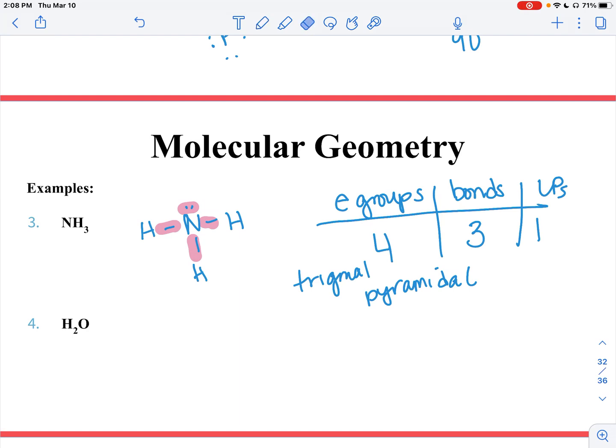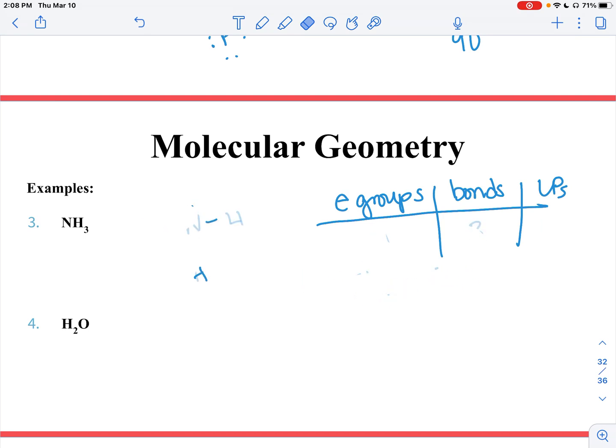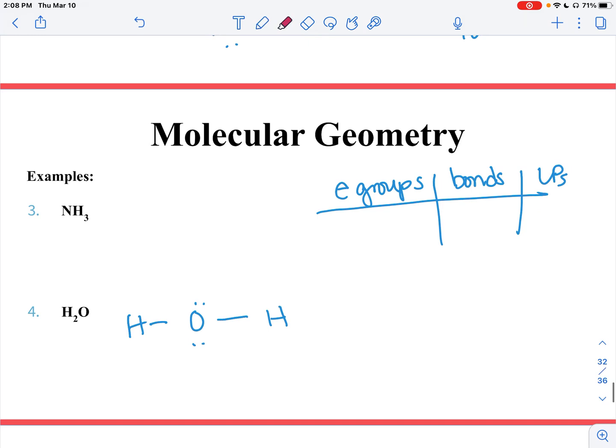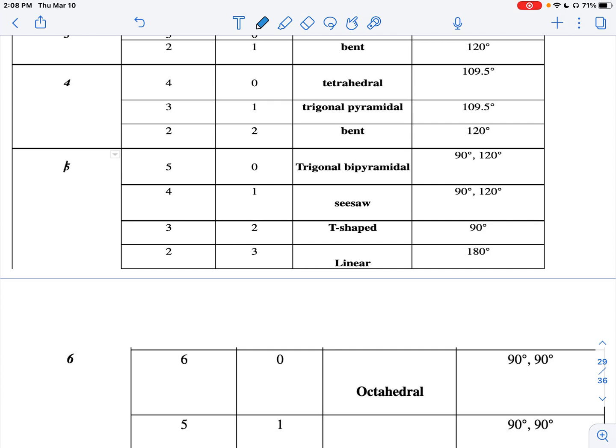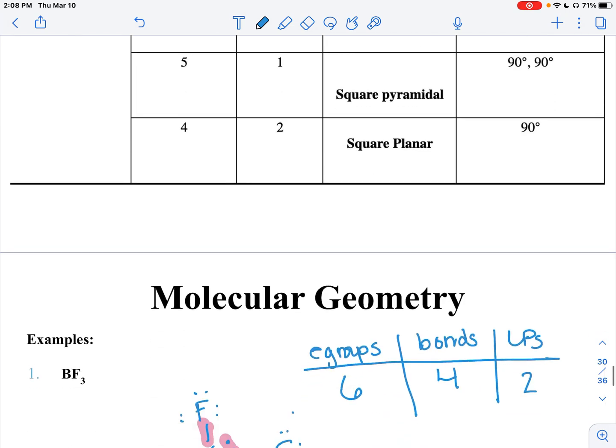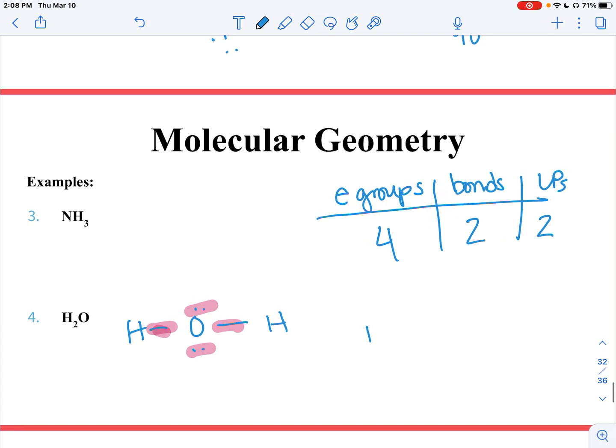For water, we have 4 groups. 2 of them are bonds and 2 of them are lone pairs. So if we go to our chart, 4, 2, 2 is a bent shape. And you've probably seen this before.